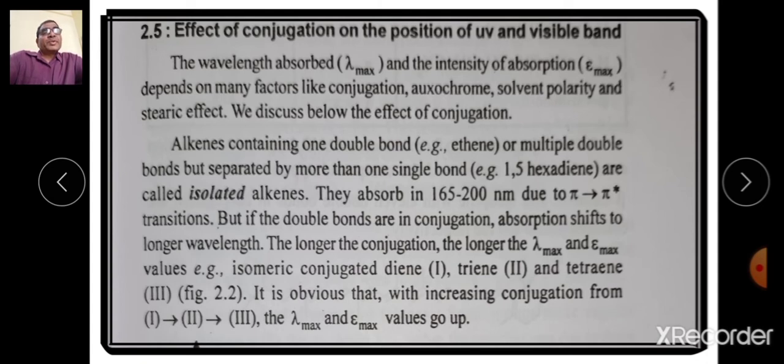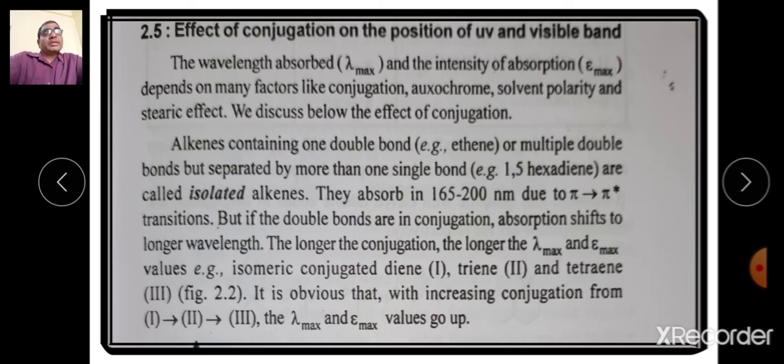Okay. Now, when the double bonds are in conjugation, the absorption shifts to the longer wavelength. The first one was isolated double bonds. When there is conjugation, that is these bonds are separated by only one single bond, there is a shift of the wavelength towards the longer side, and therefore the longer the conjugation, the longer the lambda max and epsilon max value.